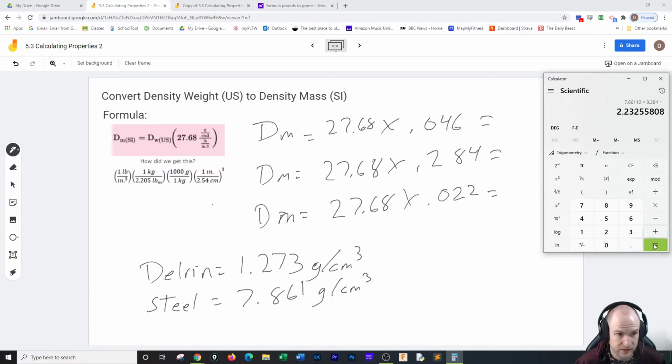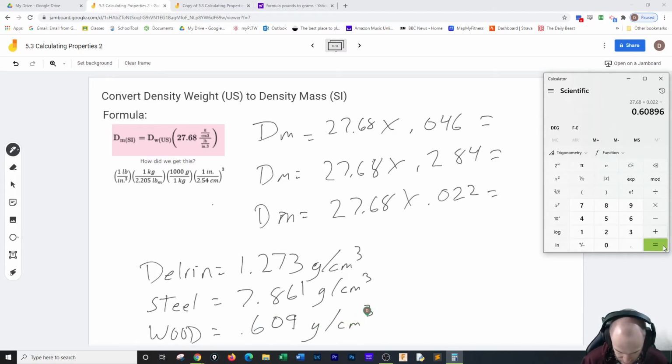And finally, to finish off the assignment, the wood, and wood is good, we're going to get 27.68 times 0.022 equals 0.609 grams per centimeters cubed.